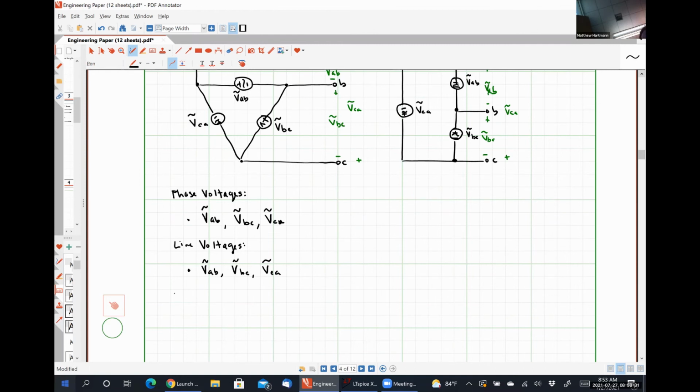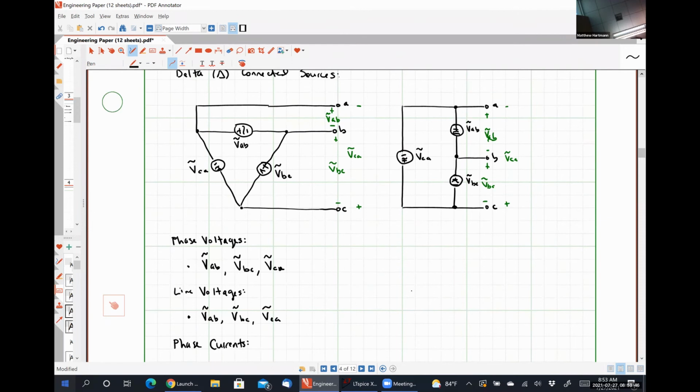For our phase currents, these are representative of the currents flowing through one phase of our source or load.